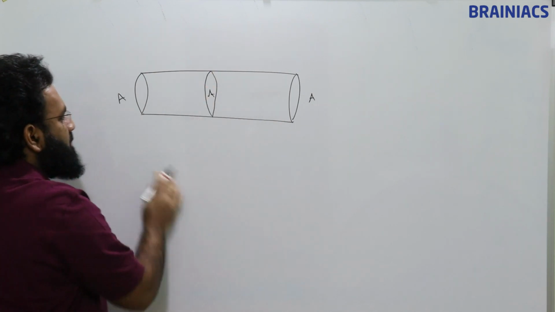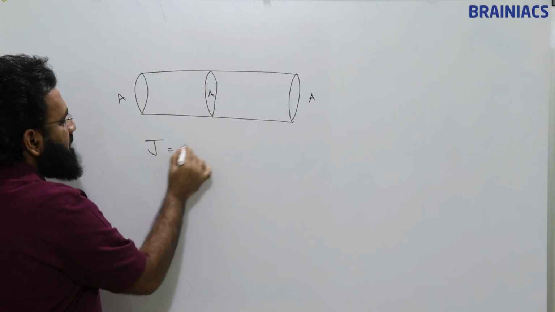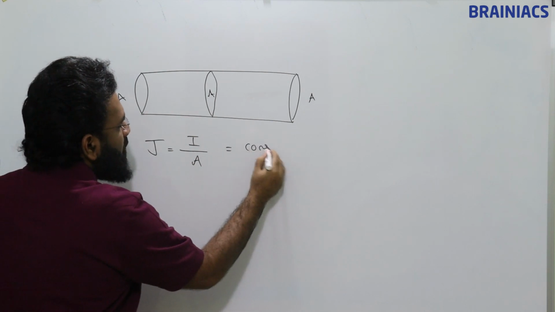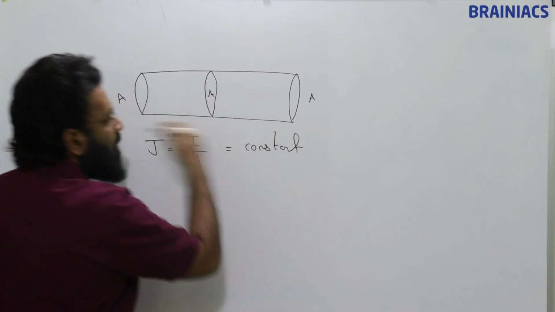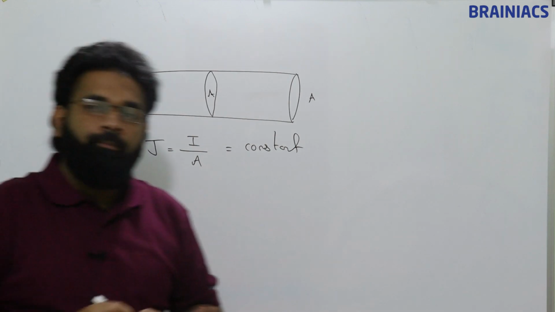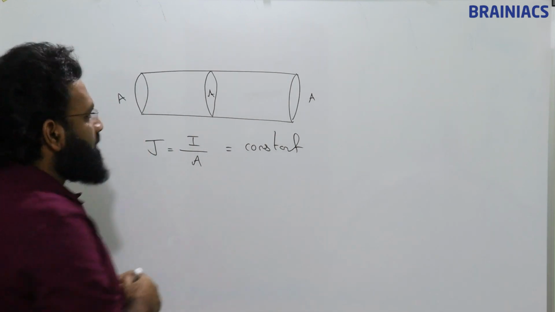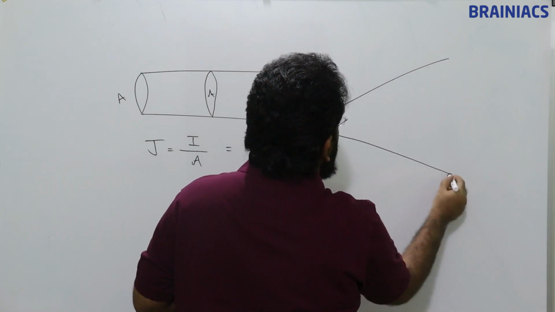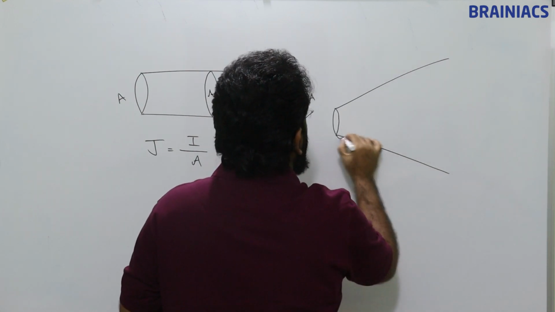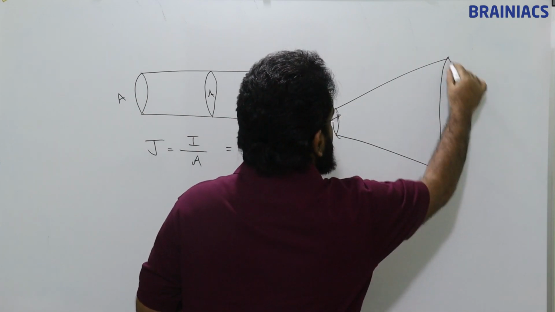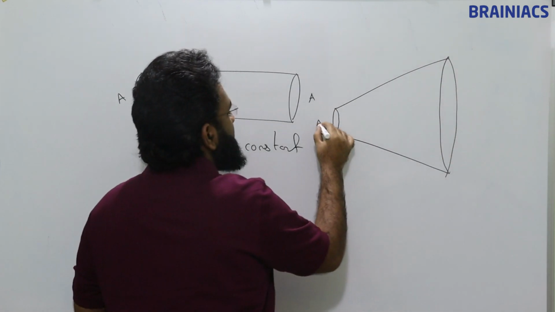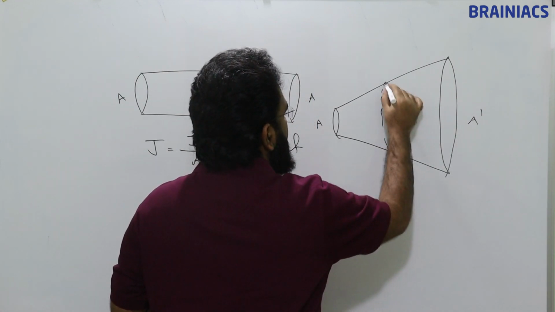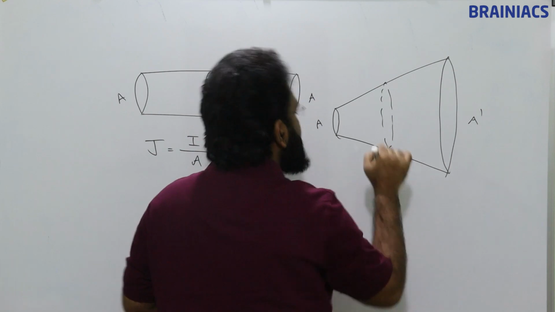So here current density is equal to I by A. This is going to be constant everywhere. Suppose we take a conductor with a varying cross section, suppose this is A, this is A dash, and suppose we take another place A double dash.